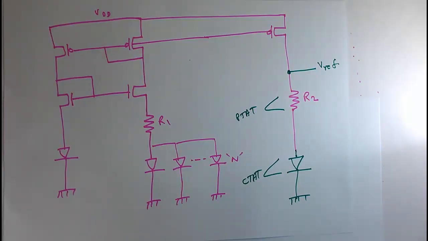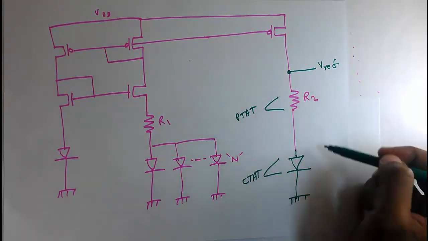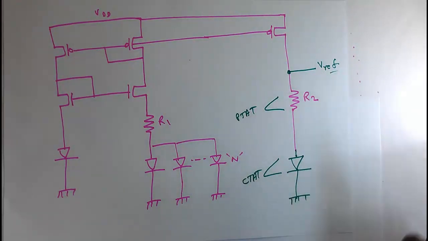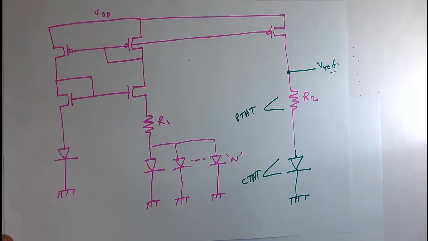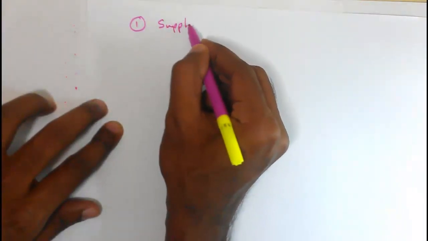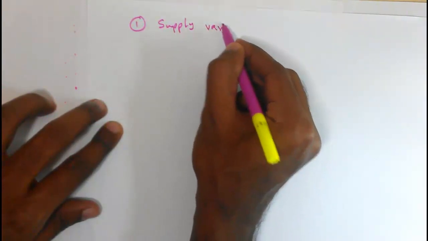So far in the discussion, we designed our PTAT and we designed our CTAT, and we added our PTAT and CTAT together to form a reference voltage. But there are some issues that we didn't address till now. Clearly speaking, there are three issues that we have to discuss. The first one is the supply variation.